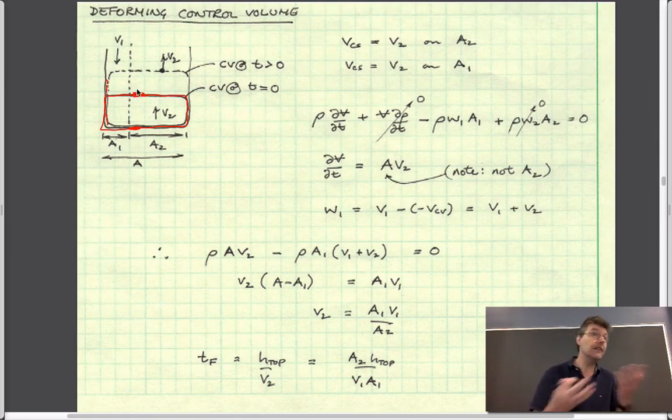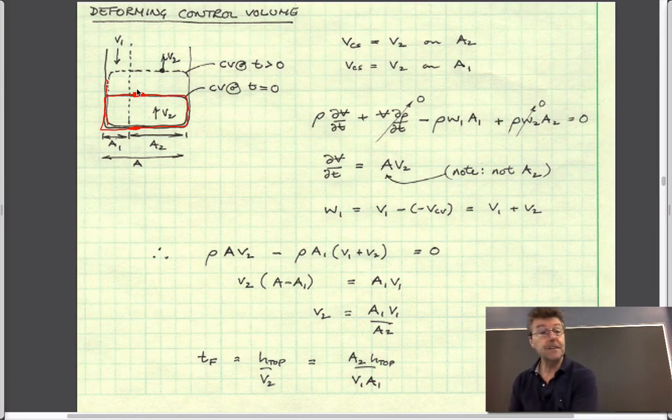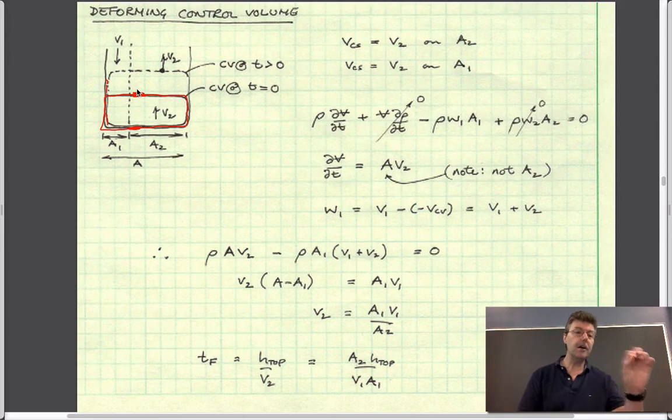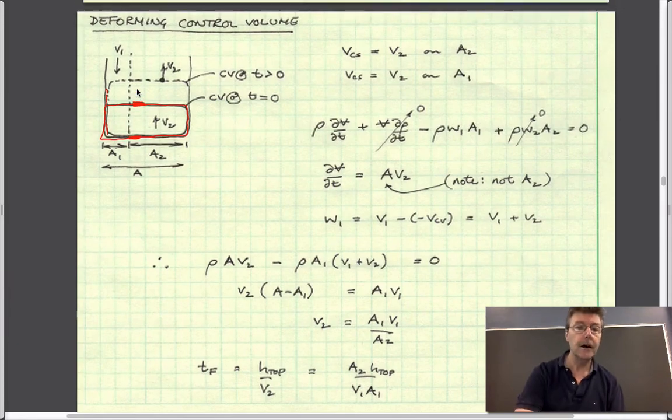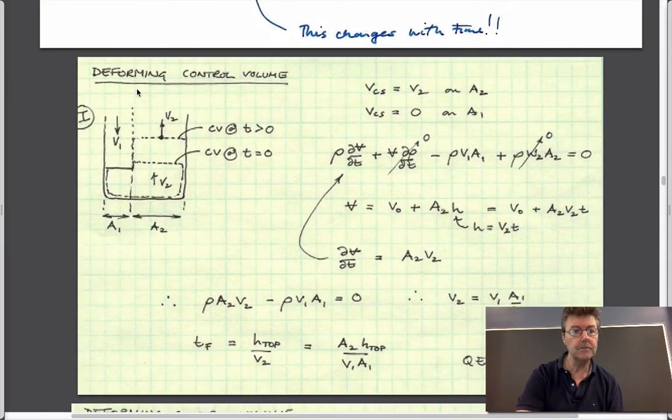So it's all relative, right? I think we'd all say that this isn't really moving because it's attached to the bottom, but actually it is. I suppose by definition, you could say that it's not moving if any part of the control surface is fixed in space. So by that definition, it's not moving. So, if we go back to the other one, is this moving?